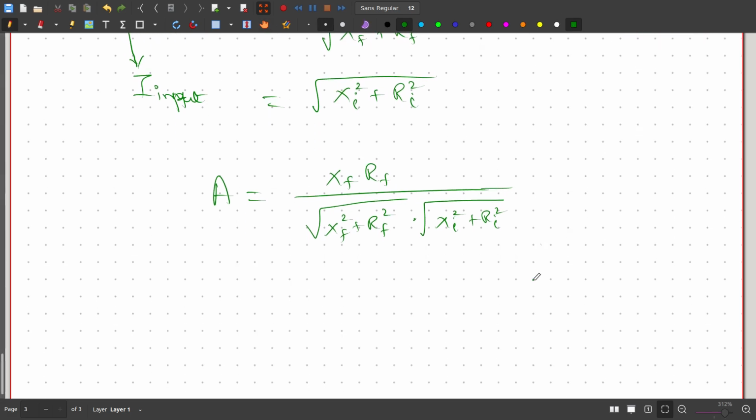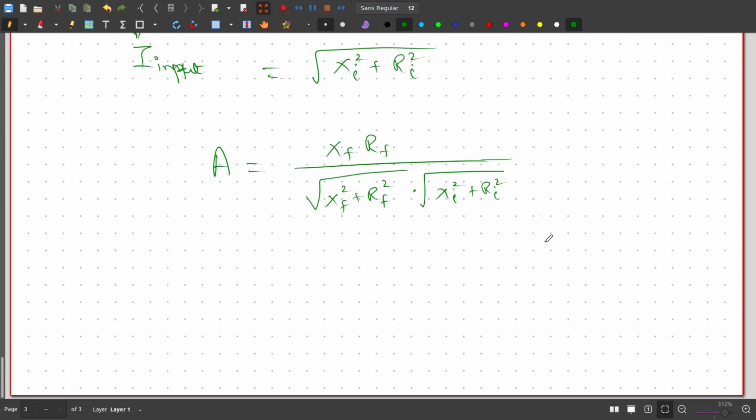Let's examine the frequency response using this gain relation, at very low frequency. At very low frequency, we can modify this equation as follows.